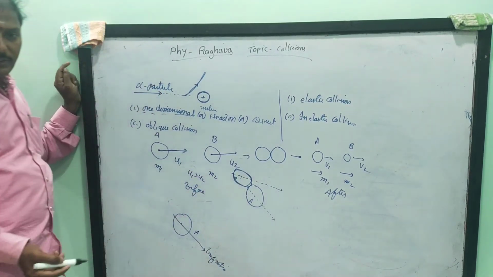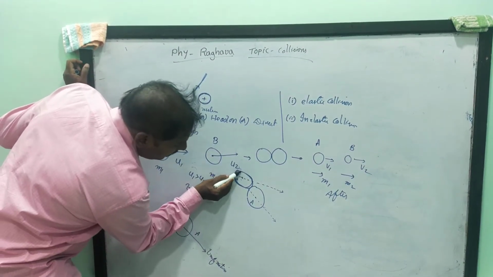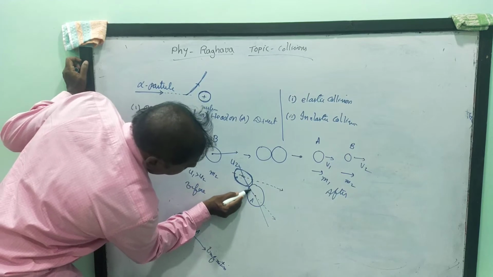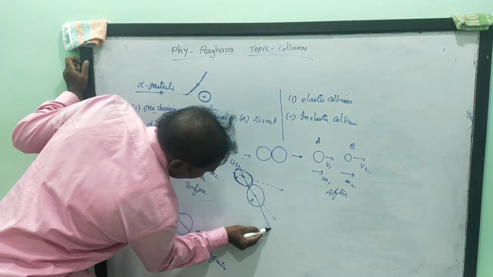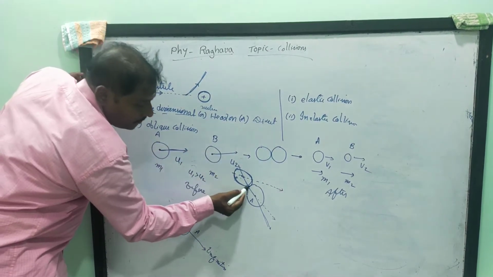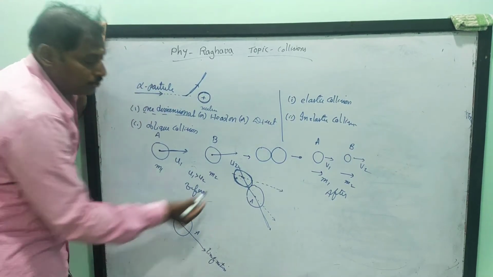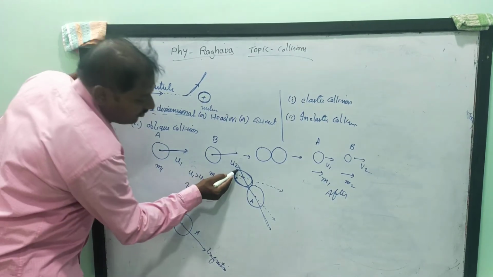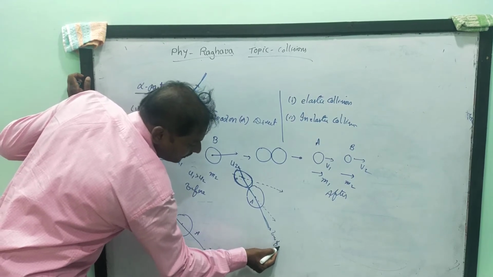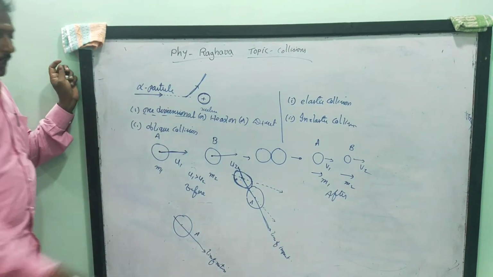During collision, a line passing through the common normal to the colliding bodies during impact is called the line of impact.